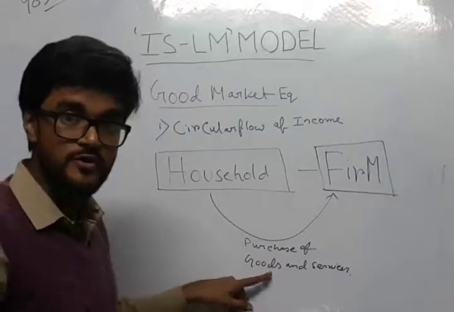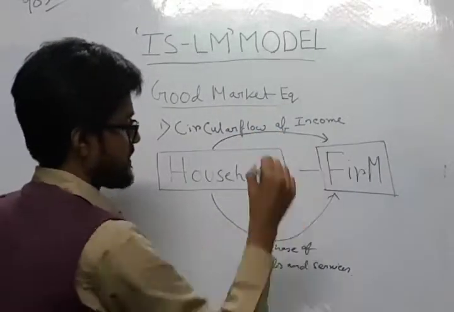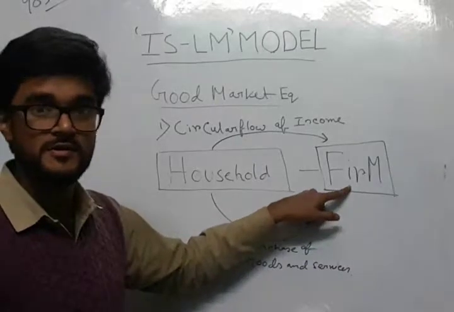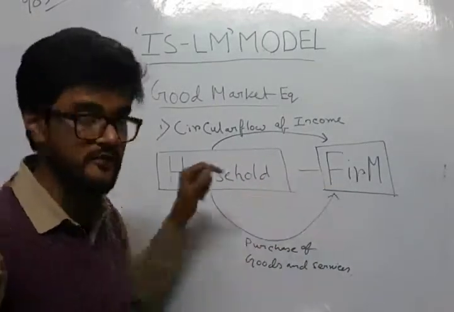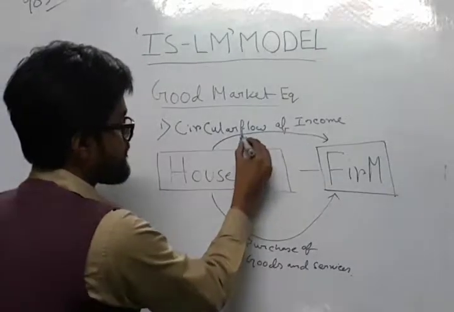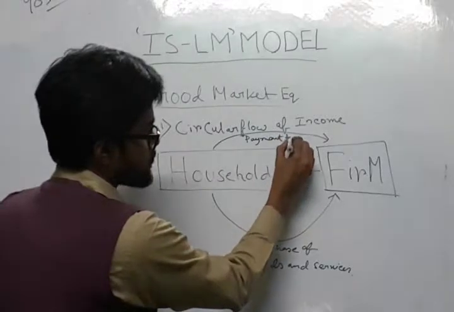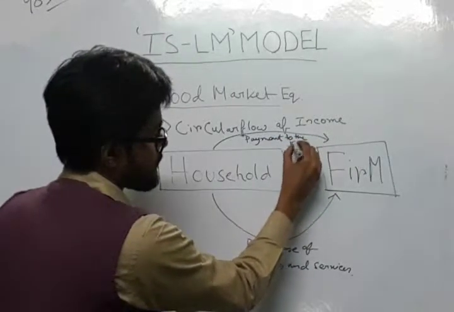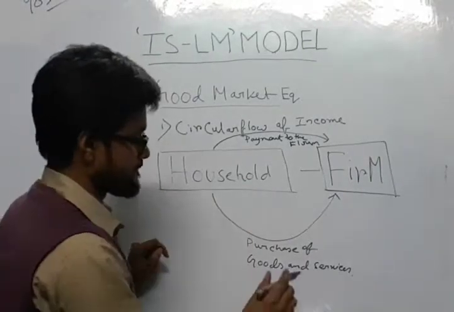Now, they will purchase the goods and services. In return, they will give money to the firms. In order to buy the products, they will give money to the firm. That is payment to the firm for these goods and services.